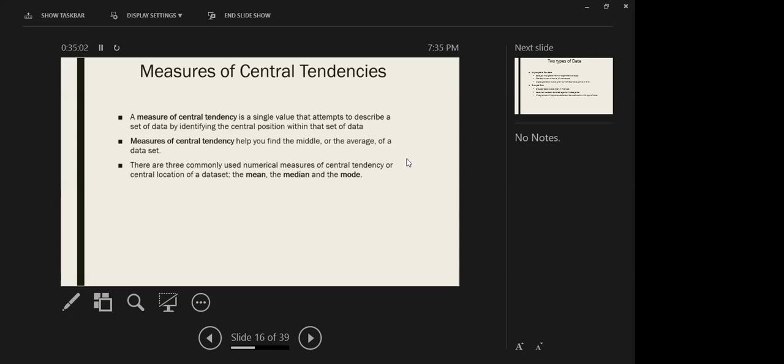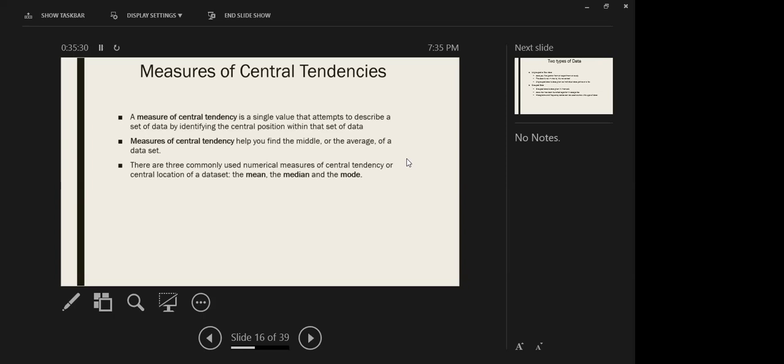When we're talking about this type of descriptive statistics, it is a single value that attempts to describe a set of data by identifying the central position within that set of data. A very common measure of central tendency is what we call the average, which in statistics we call the mean.